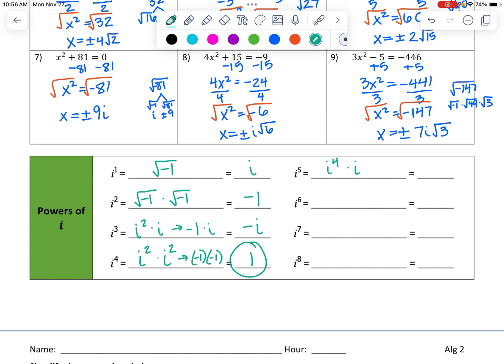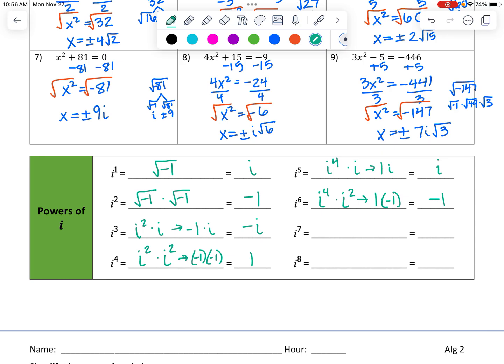Well, if I know that i to the fourth is 1, I have 1 times i, which is just i. Okay. i to the sixth power. I might break this one down as i to the fourth times i squared. I know that i to the fourth is 1, and I know that i squared is negative 1. So I'm just going to get negative 1.